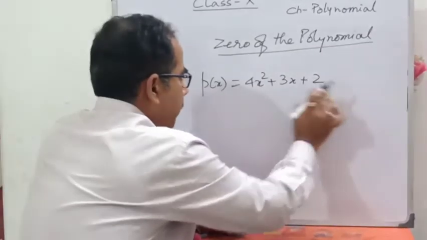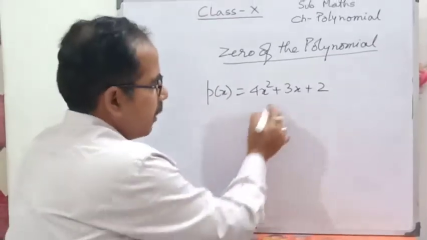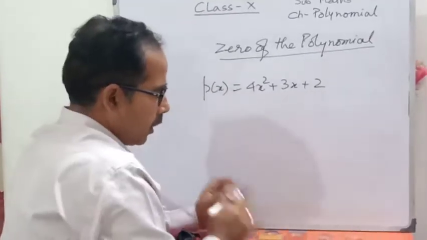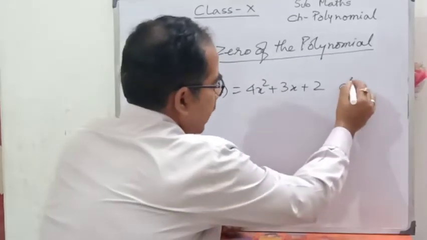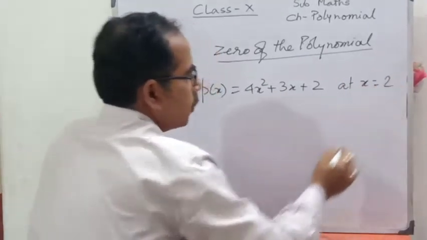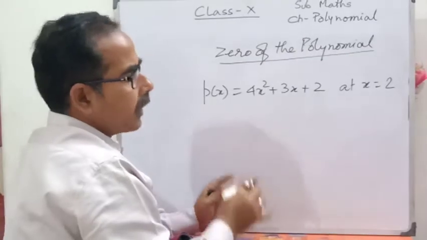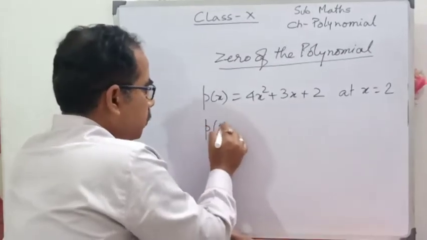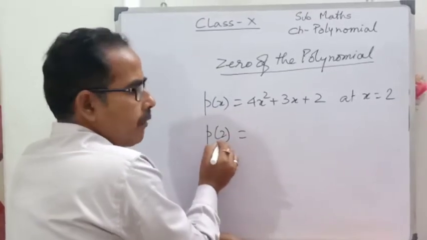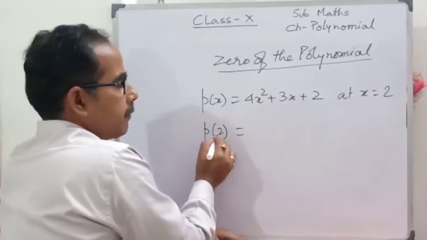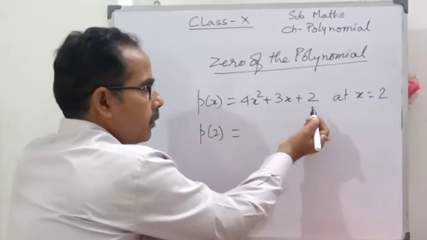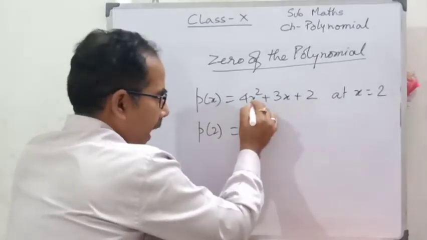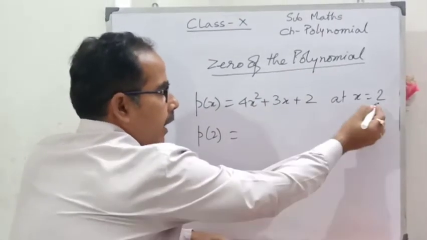So just for example, I have taken p(x) equal to 4x square plus 3x plus 2. Now you have to find the value of the given polynomial at x equal to 2. So p of 2. In place of x I have written only 2. Similarly, in the right hand side also, in place of x I have to write 2.